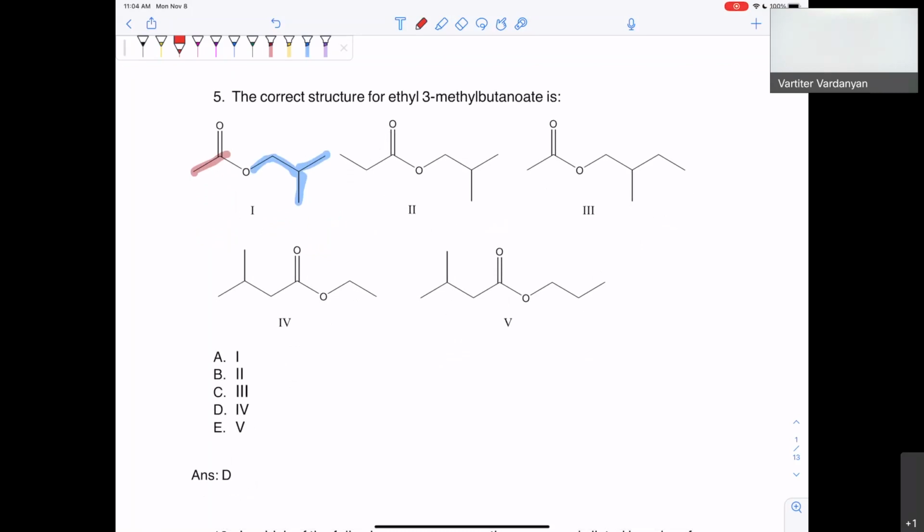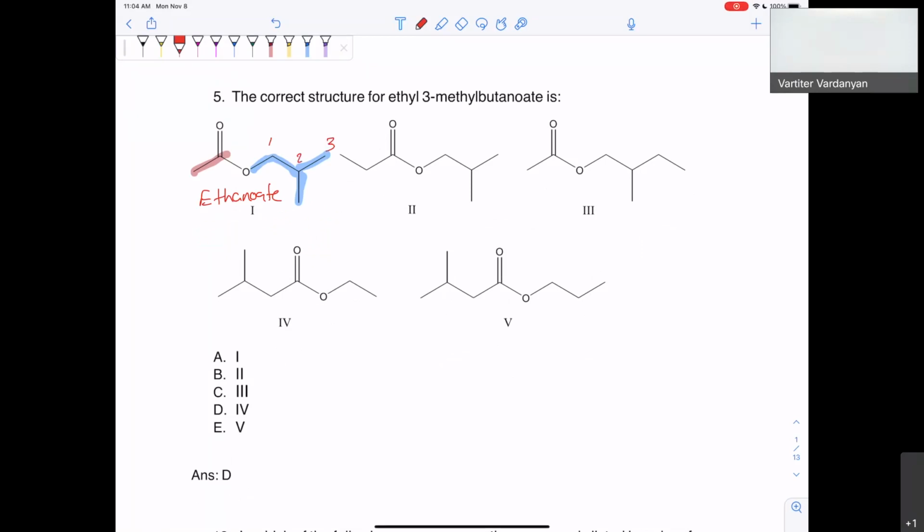So the red part is going to be what has the OH at the end. So for example, this would be the parent chain. And then we would start with whatever is on the blue side, right? So 1, 2, 3.